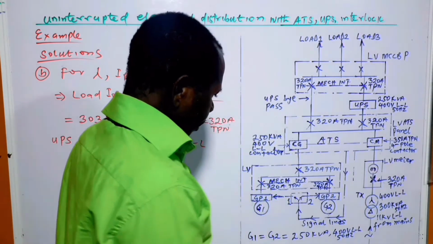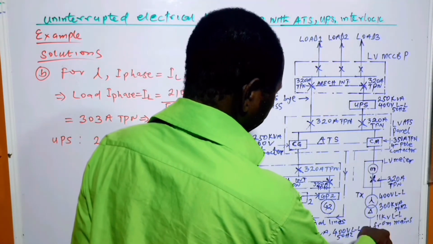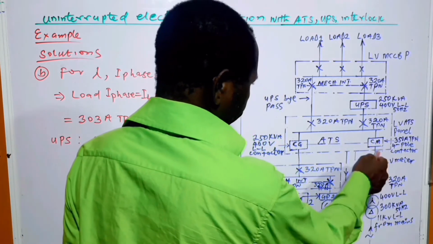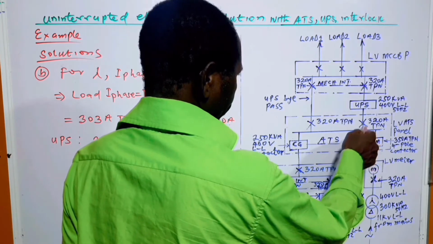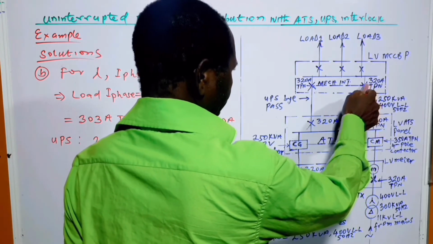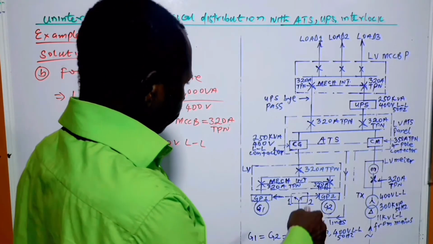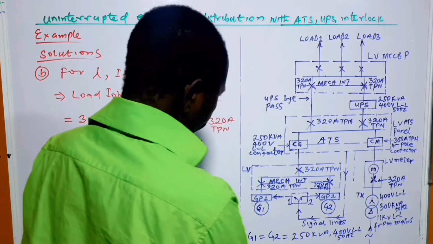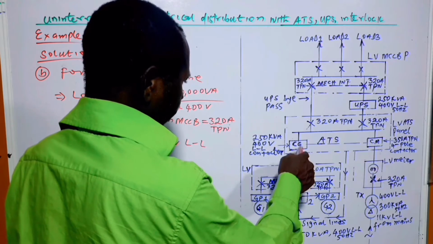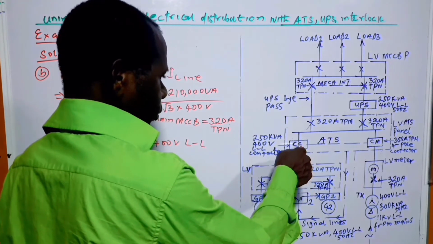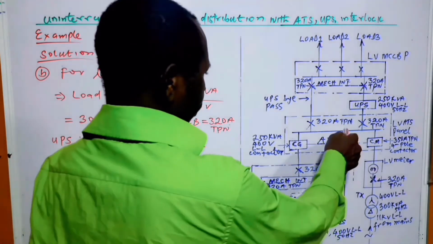So actually the flow of power for the two sides is like this, from here through the meter, that is the mains, through this contactor, through this bus section to the UPS, to this circuit breaker, and to this load bus section. So even for the generator also, the output of the generator comes here. From here it goes into the contactor for the generator, and the power is delivered to this common bus section.